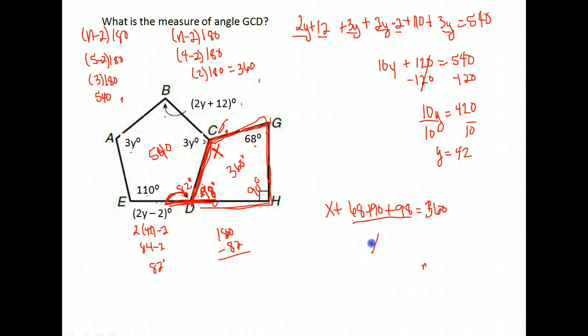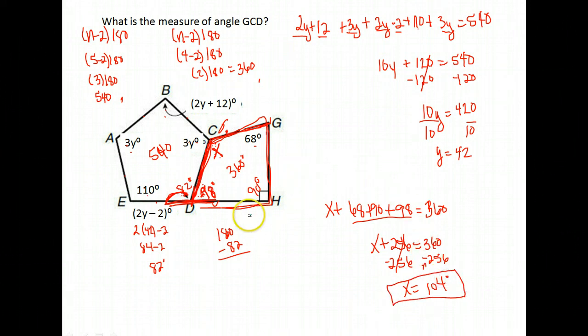We get 256. So we have x plus 256 equals 360. Finally, we're going to solve. If we subtract 256 from both sides, we get 104. Whew, we're done.